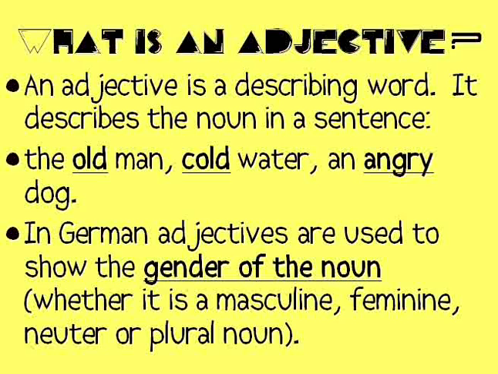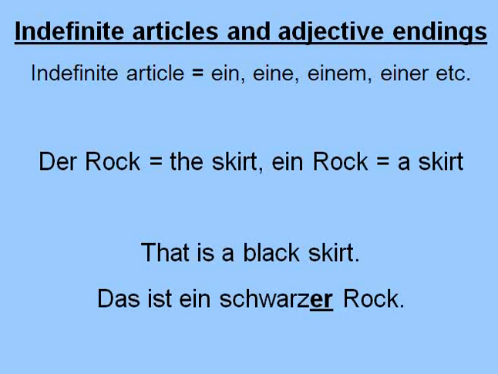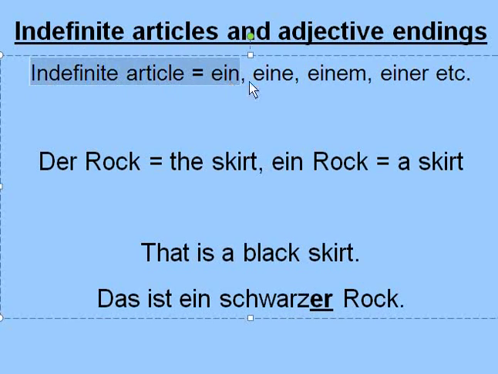In German, adjectives are used to show the gender of a noun. So it shows you whether the noun is a masculine noun, a feminine noun, a neuter noun, or a plural noun, so that you really need to remember. When you use an adjective in a sentence that has an indefinite article before it, an indefinite article is the words ein, eine, einem, einer, etc., all those words that mean a.